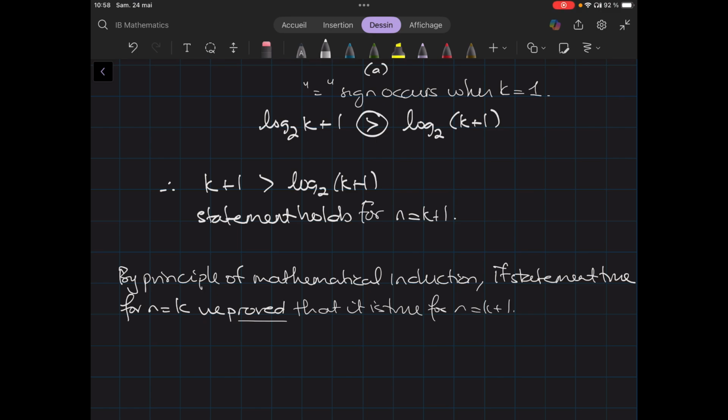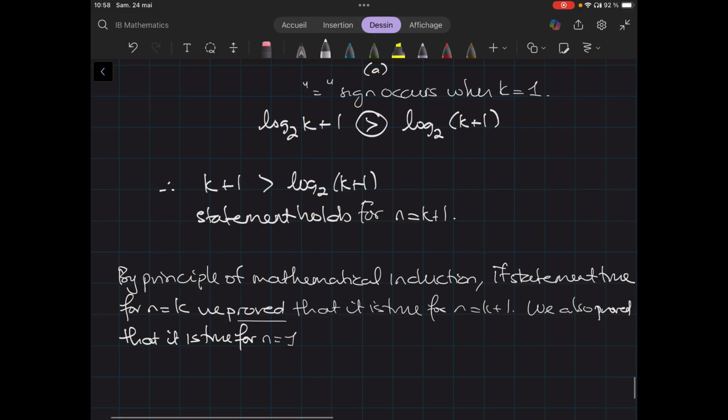We also proved that it is true for n equals 1, thus the statement is true for all positive integer values of n.